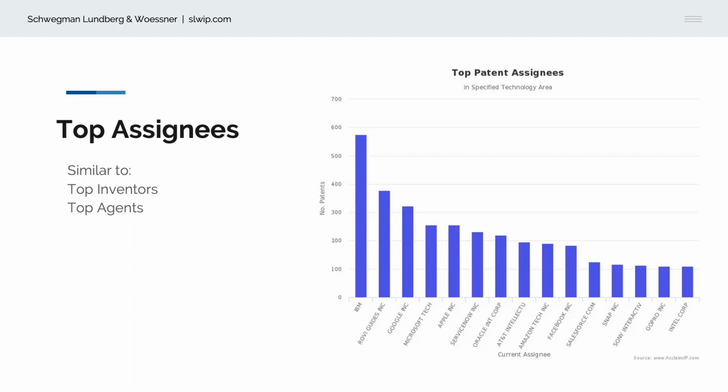And IBM, there being the biggest bar there in the graph, they're one of the biggest patent stores you can ever go to. For most of you in the industry know that.